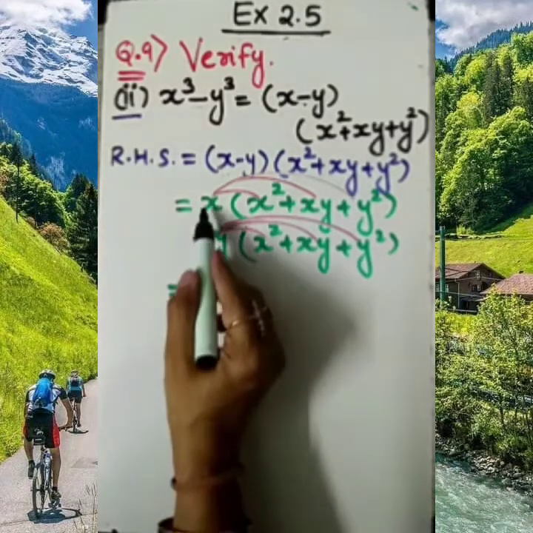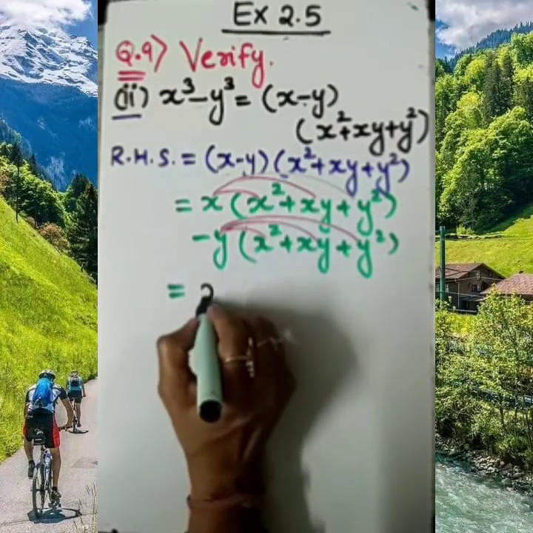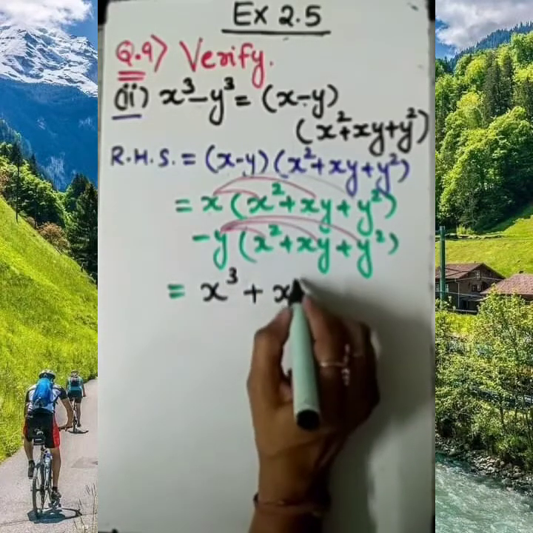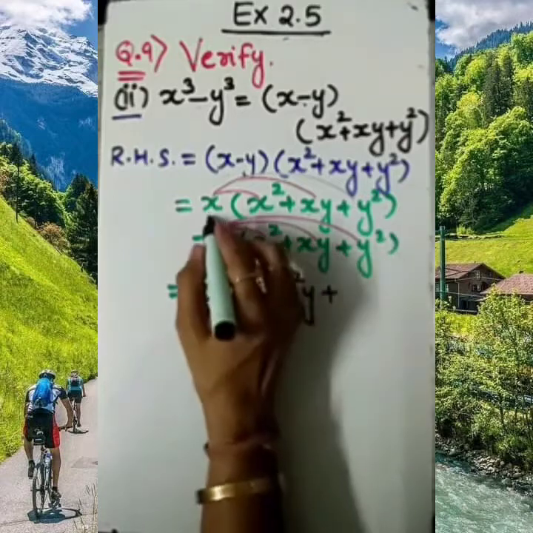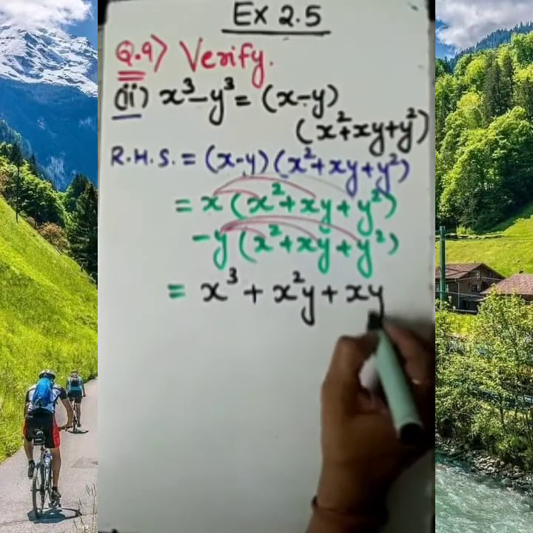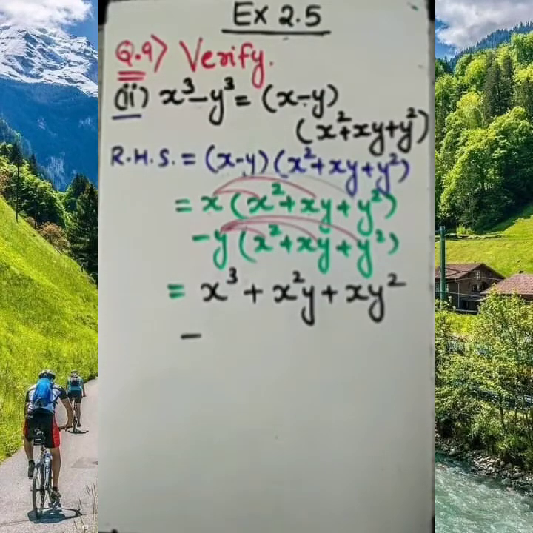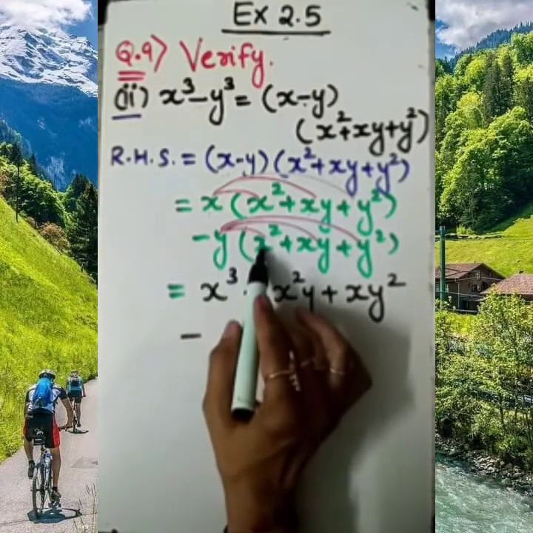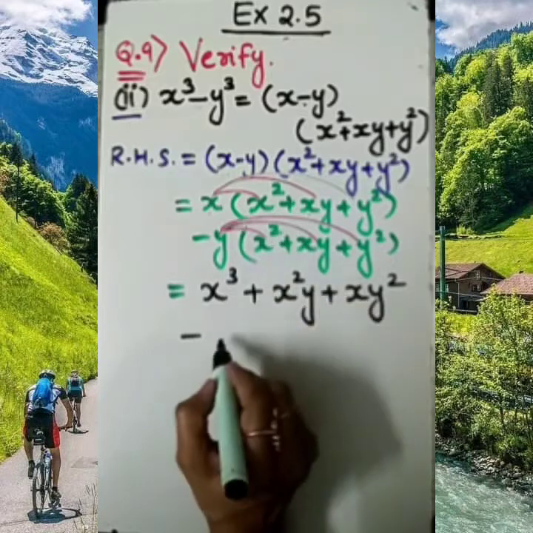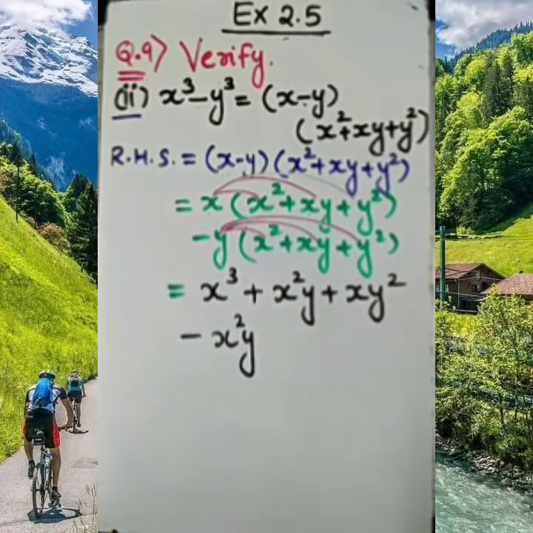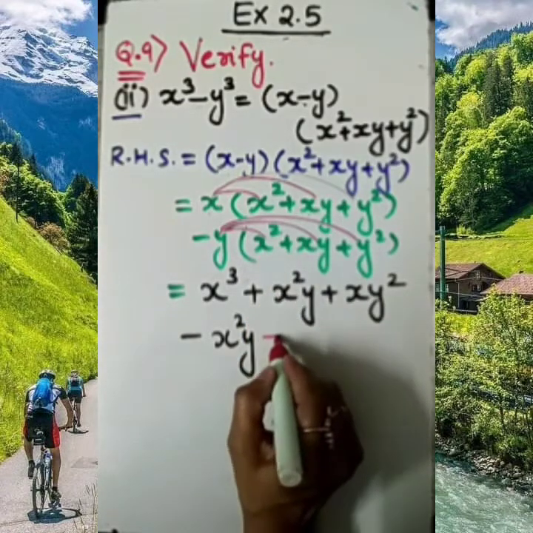What is the product of x into x square? x cube, plus x into xy, x square y. Product of x into y square, xy square. Here it is minus, so be careful. Minus y into x square is x square y, but as there is a minus sign outside the bracket, it is plus, so I need to change the sign.